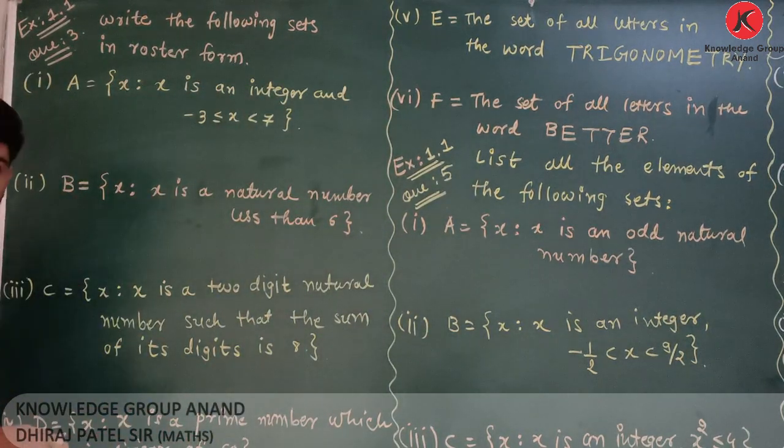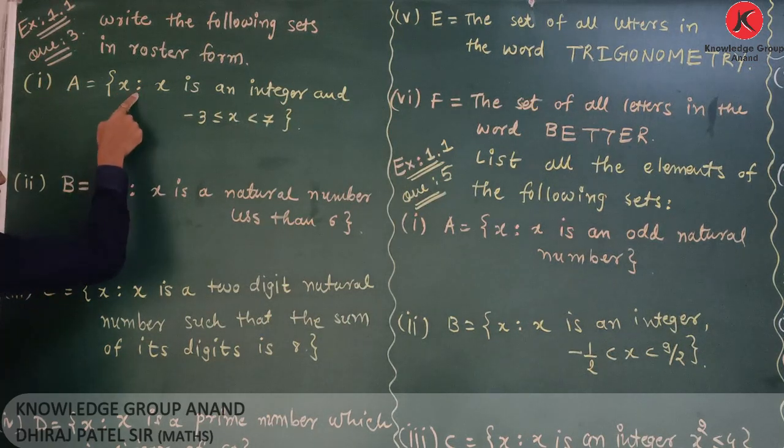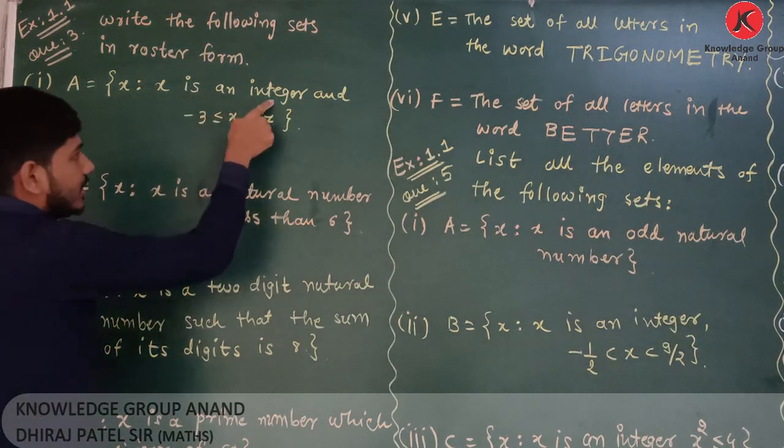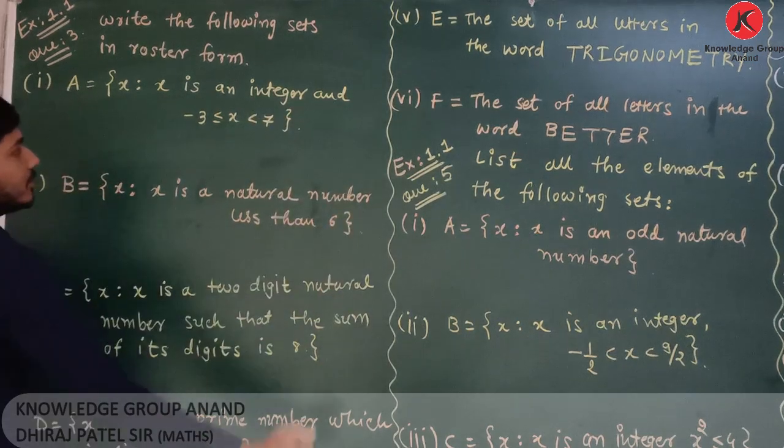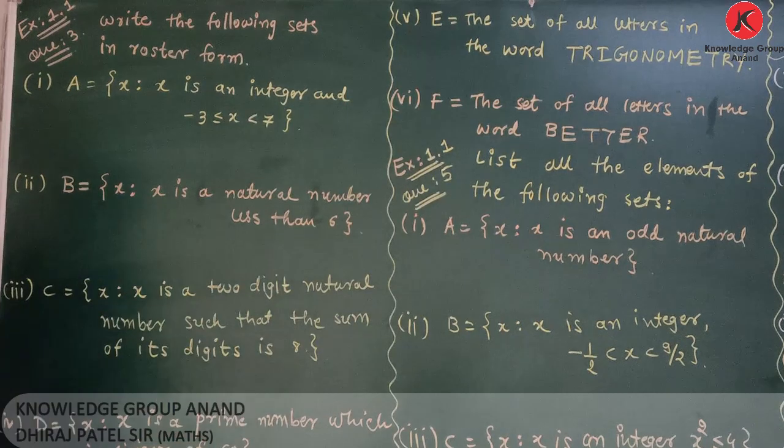The first question is A equals to, the name of the set is given, set A equals to x such that x is an integer and minus 3 less than or equal to x less than 7. There are two conditions. First one is x is an integer.